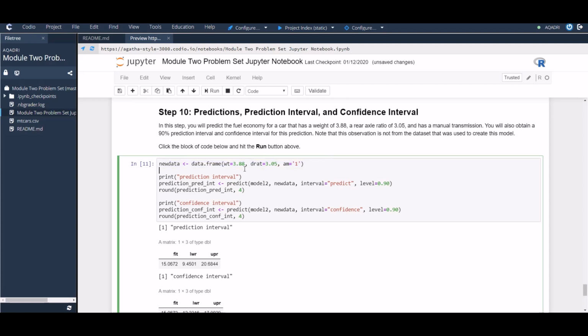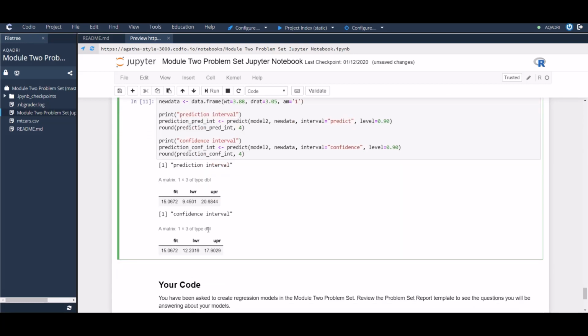We're using the case where the weight is 3.88, rear axle ratio is 3.05, and the transmission is 1, which is the coded variable for an automatic transmission. So once we use these values, we can now get our prediction interval and the confidence interval for the prediction.